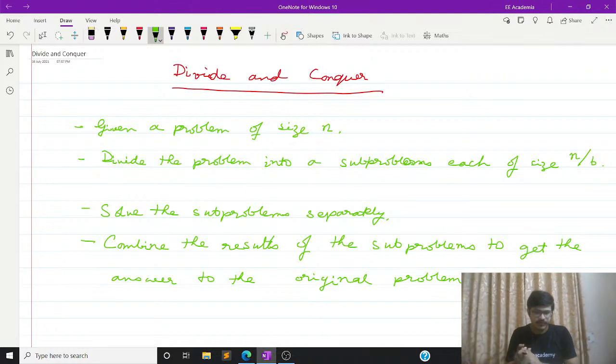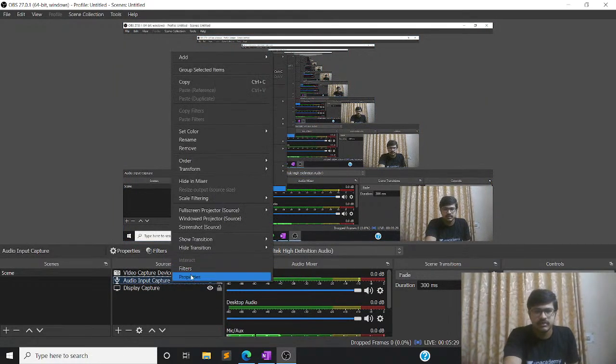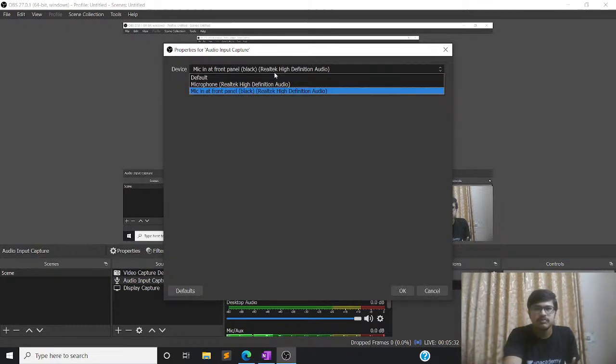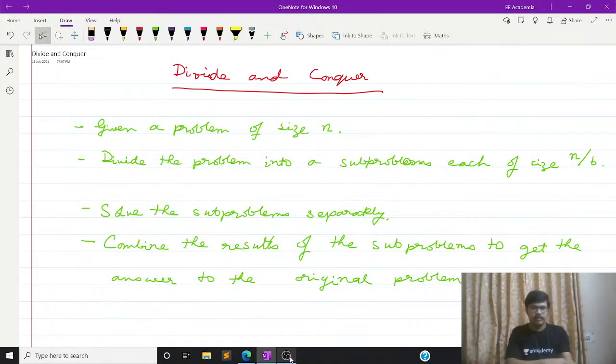So essentially, okay, can the audio be improved? My audio is not quite good, right? Let me just check the settings. Now is my audio better?